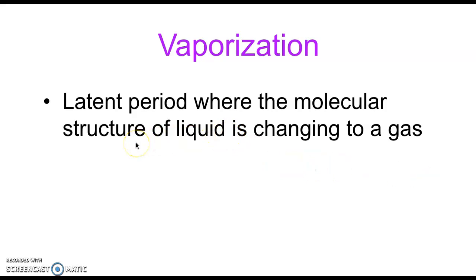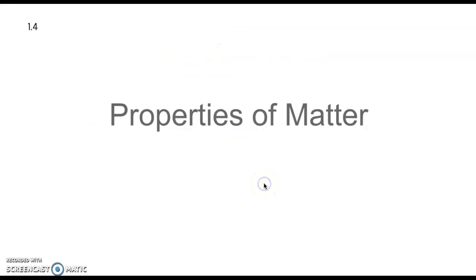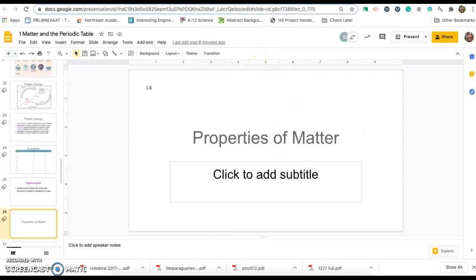Vaporization is the latent period where the molecular structure of liquid is changing. There is a latent heat period for moving from a solid to a liquid and from a liquid to a gas. But if it's called vaporization, you know it's going to a gas because it's becoming a vapor. That is the end of the notes.